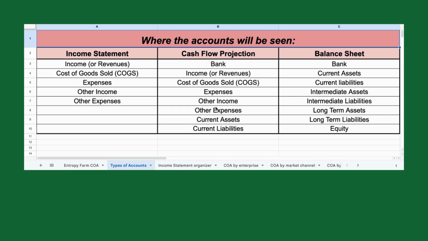In general, the accounts that you find in the income statement and cash flow projections show you your income in relation to your expenses, while the accounts that you find in the balance sheet show you what you have, your assets, what you owe, your liabilities, and from that, what you've retained as equity, your assets minus your liabilities. So the chart of accounts shapes how these financial statements look and how clearly the information they contain can be understood.